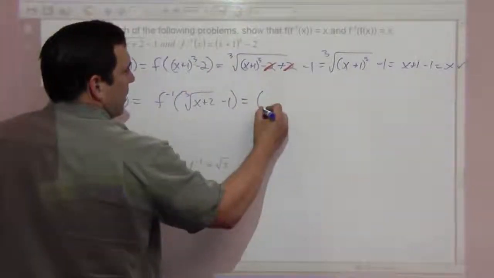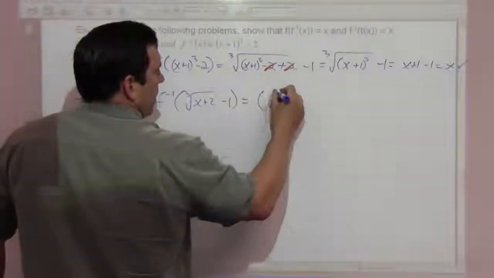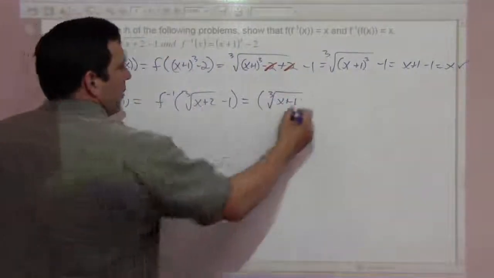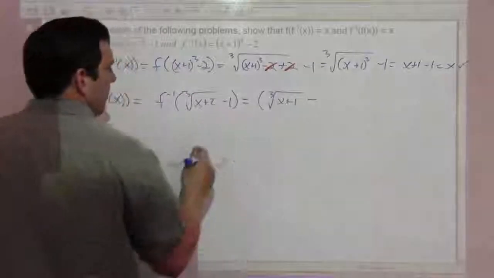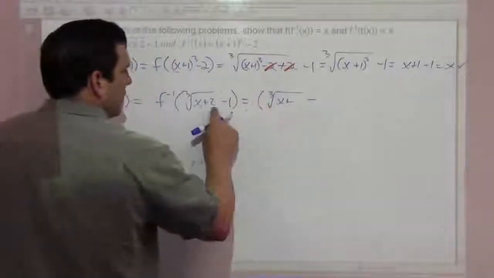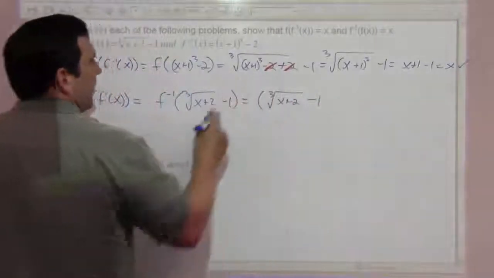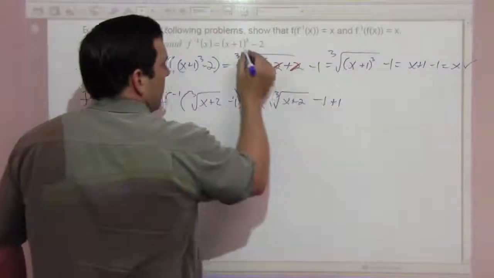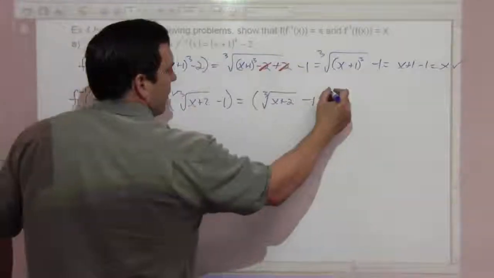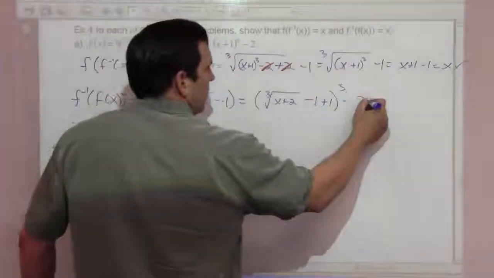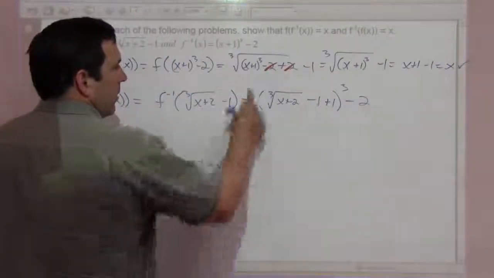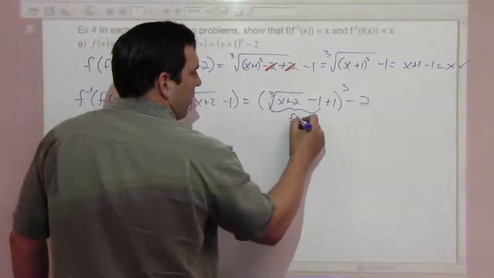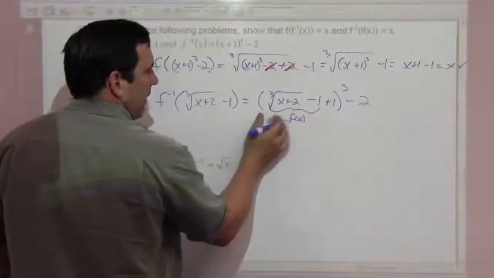It's going to be the cube root of x plus 2 minus 1, getting this mixed up, x plus 2 minus 1. Then we have a plus 1 here. We're cubing that, and then minus 2. So this part right here is my f of x.